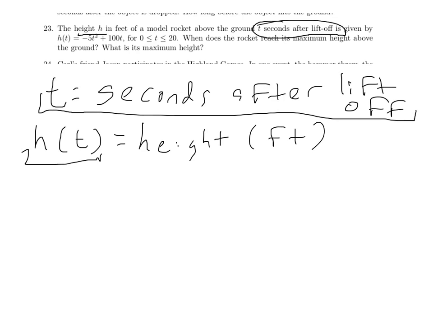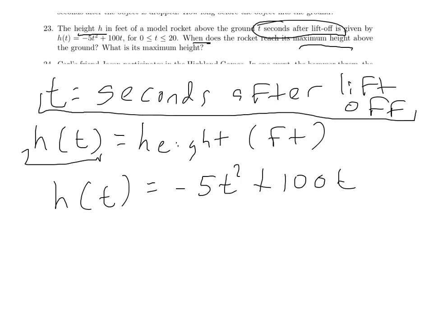Alright, so here's the question. When does the rocket reach its maximum height? So we're looking for a time. How do we find a maximum height of a function? Notice this function, h of t equals negative 5t squared plus 100t.